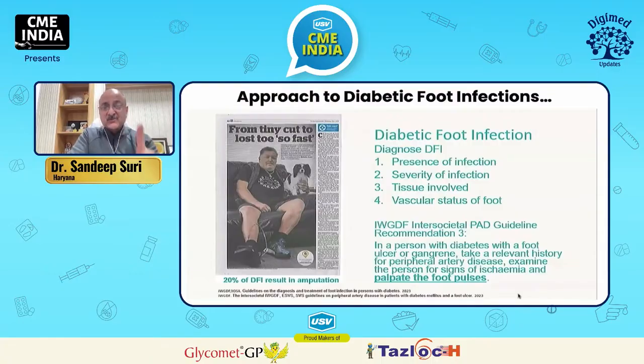Whether there is presence of infection, yes or no. If the answer is yes, what is the severity of infection. Number 2. Number 3, how deep it is and what are the tissues which are involved. And number 4, which is very, very important, look at the vascular status of the foot.